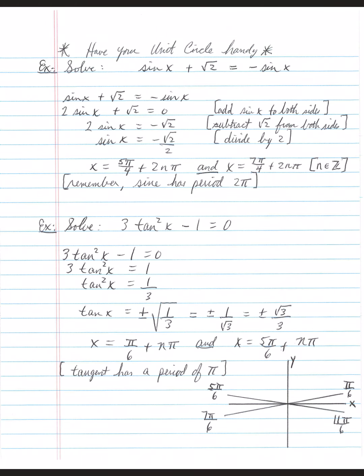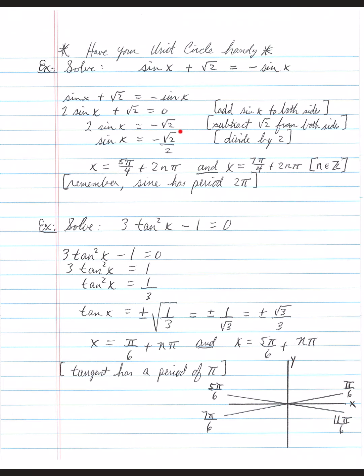Okay, so from the unit circle, we need to come up with the angles that have a y-coordinate of negative square root of 2 over 2. Remember, sine on the unit circle is the y-coordinate. 5 pi over 4, which is at 225 degrees, locate that.